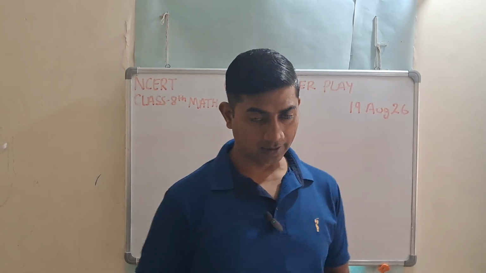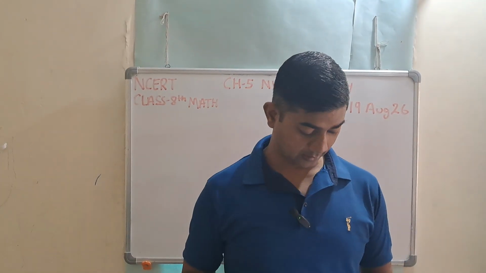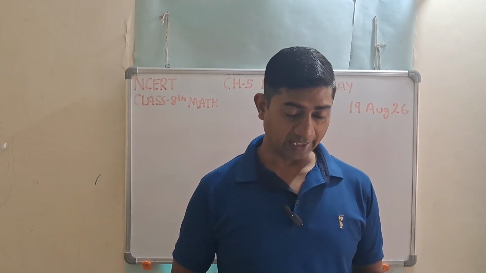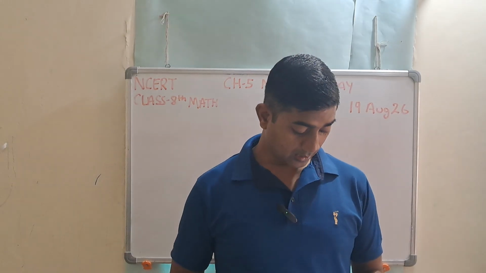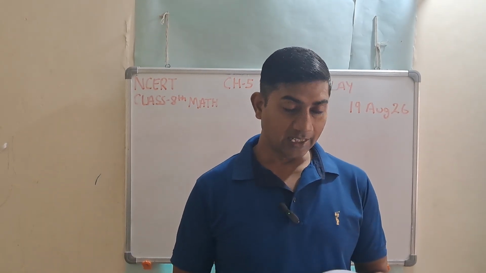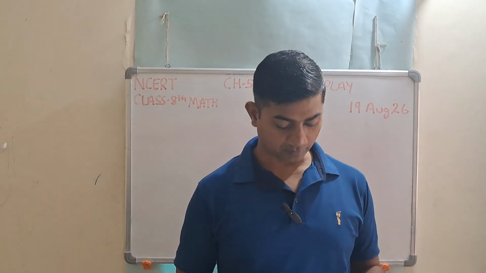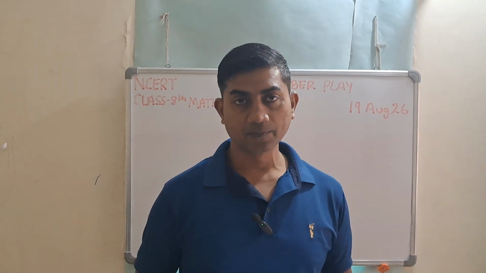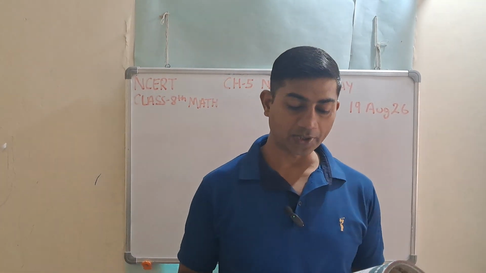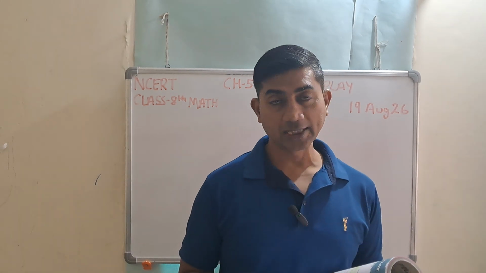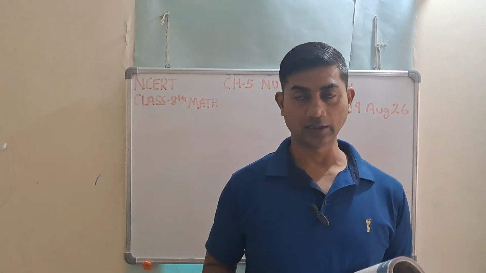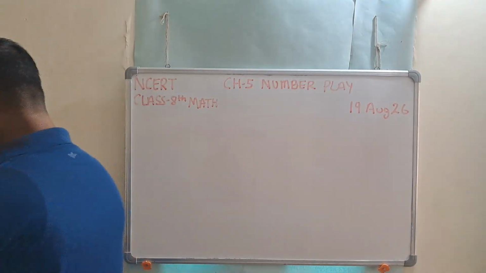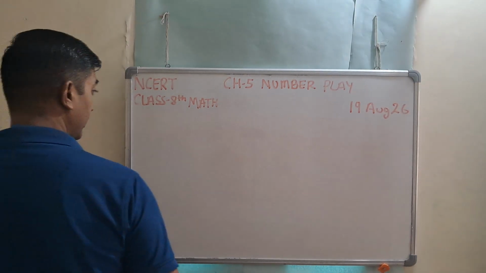Now they are saying that we have to explore this by taking different numbers also. They have given us four different numbers, and we have to apply different operations between them and see the pattern in the result. This is the next part of our discussion.